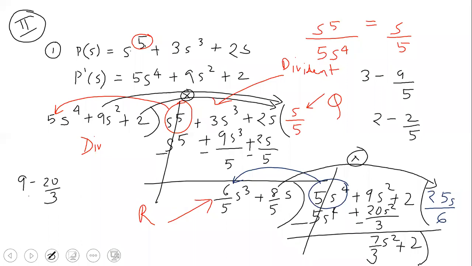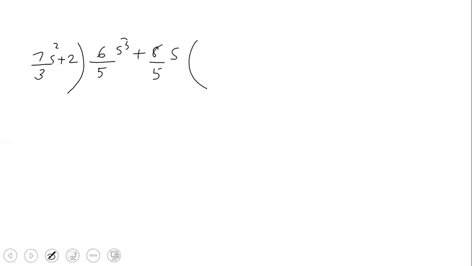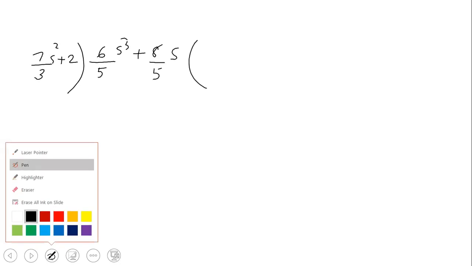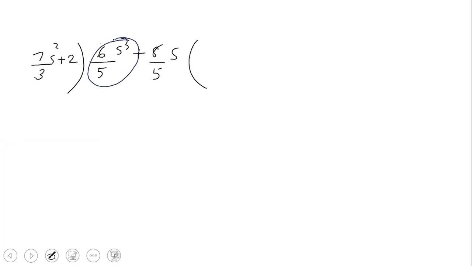So the remainder that I got becomes my quotient. So 7/3 s square plus 2, and इसके अंदर आएगा 6/5 s cube plus 8/5 s. Now to find the quotient, again I'm doing the same technique. You have to take this and divide it by this.